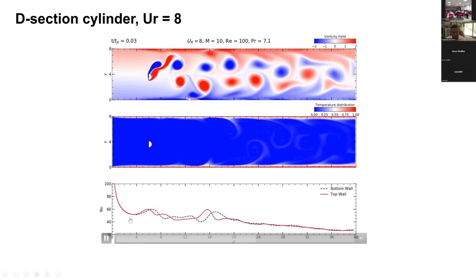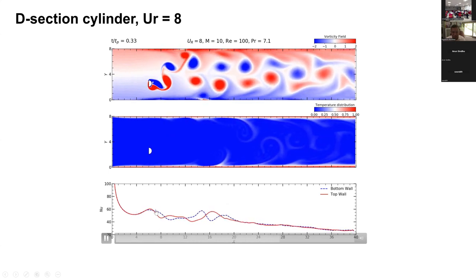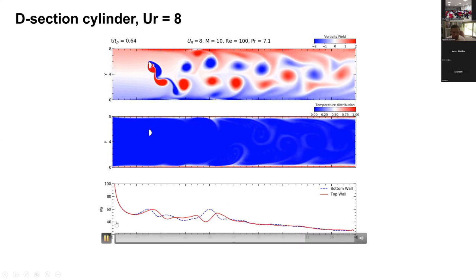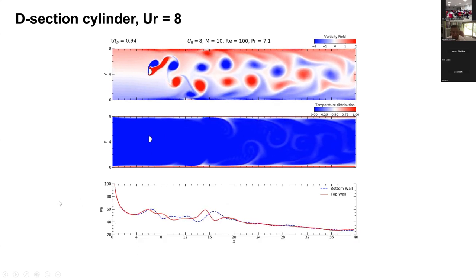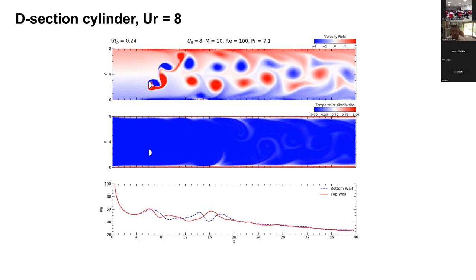And now you see the signal of Nusselt number at the wall. So I'm plotting at both walls, and you can see they are reaching peaks, but not at the same times. One is at the peak, the other is at the bottom, which clearly shows the vortices are interacting here on the top wall, but not on the bottom.